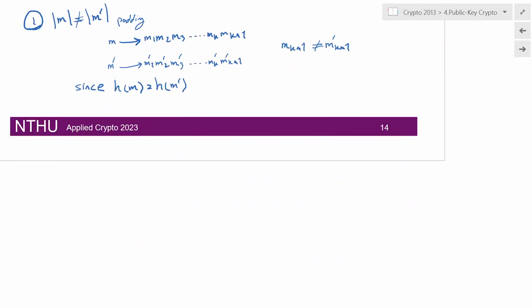So vk plus 1 equals f of vk, the previous output, and mk plus 1. And this is also equal to f of v prime k and m prime k plus 1, which is v prime k plus 1.